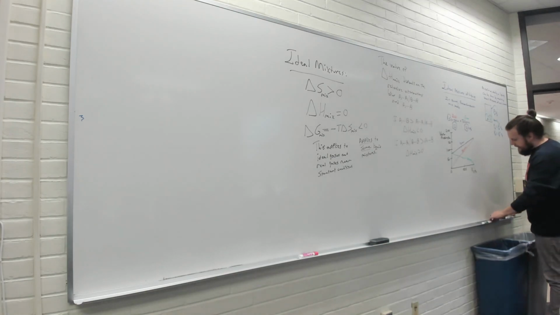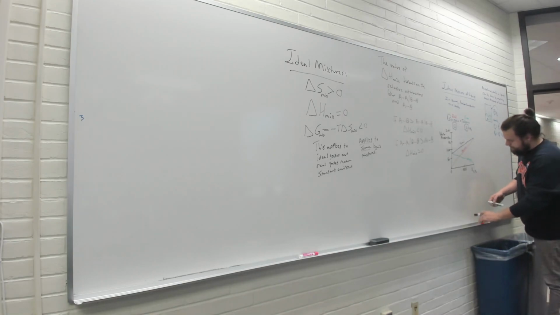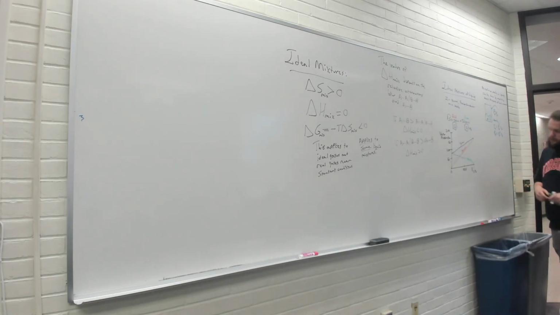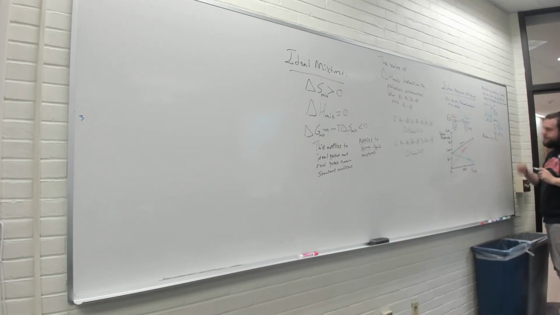But we can look at a case where things don't measure nicely. So I think the example I use is acetone. So now we're going to look at acetone versus carbon disulfide.